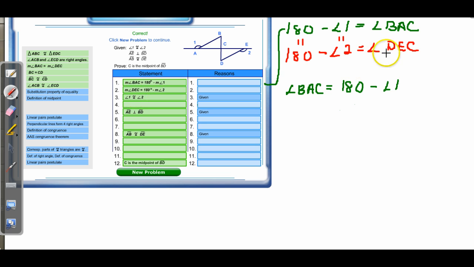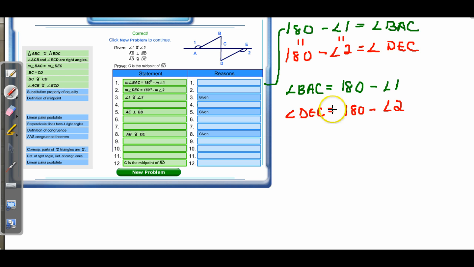And then they also say angle DEC, so this one here, DEC, this little angle, equals 180 minus angle 2, which is exactly what I have written, only we flipped it.